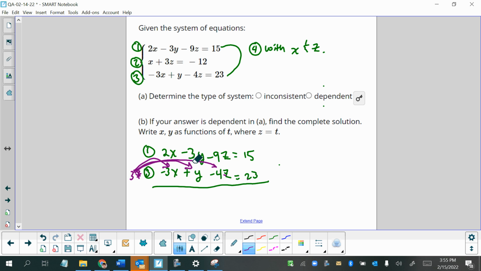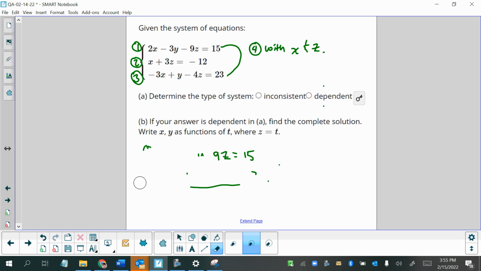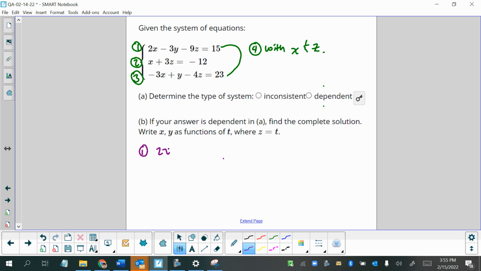So now I'm going to back up here and rewrite equation 1 as it is, but I'm going to rewrite equation 3 having already been multiplied through by positive 3.